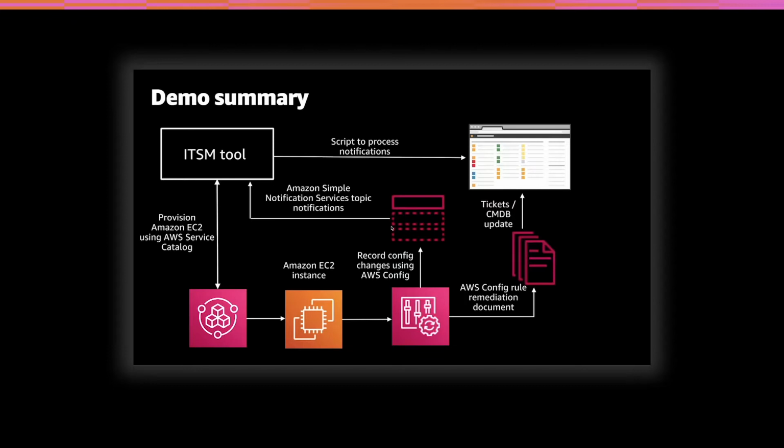So that's step number 3. The fourth step is actual remediation. In our case, we will utilize an integration between an ITSM2 and EC2 APIs to remediate this non-compliant EC2 instance. So let us get started.